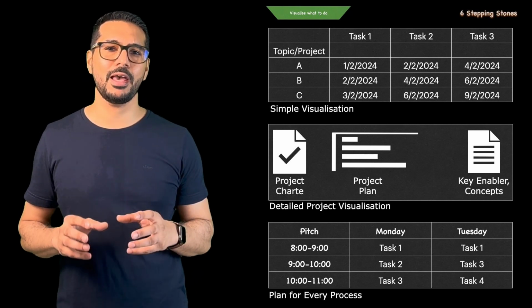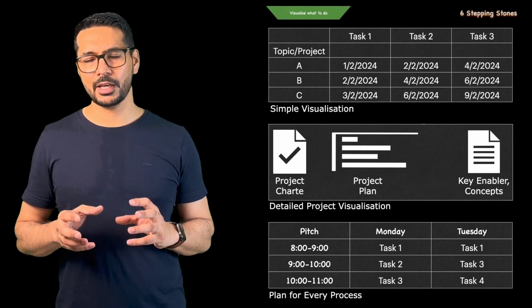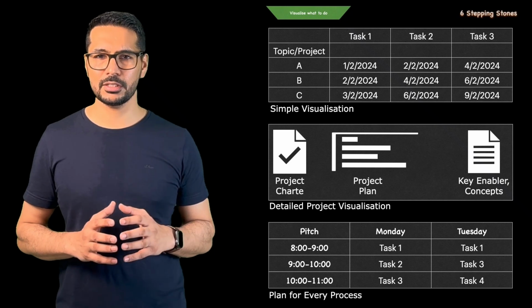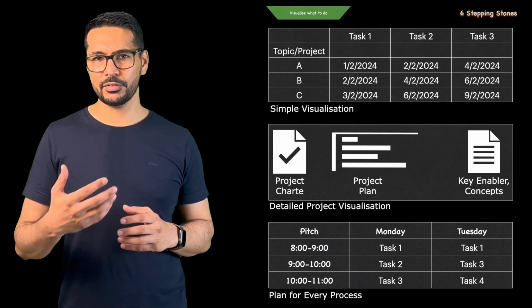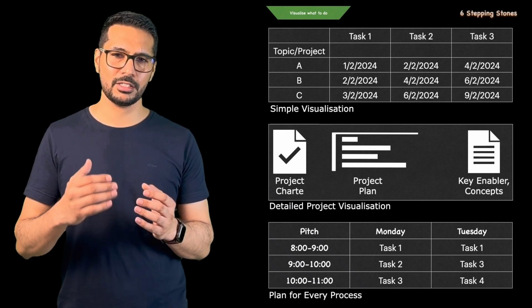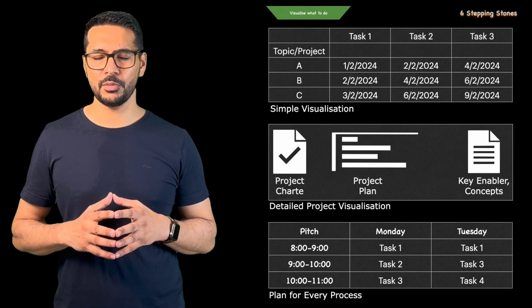So there is a plan for every process which has to be carried out in that department, in that area. These are just 3 examples. Depending upon the area, you can choose one of them or you can combine them, the first with the second and the second with the third, depending upon what serves the purpose best.